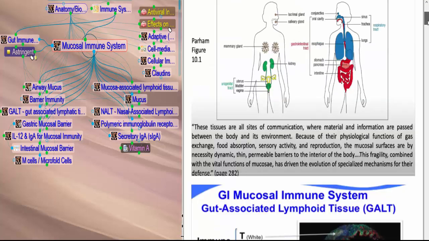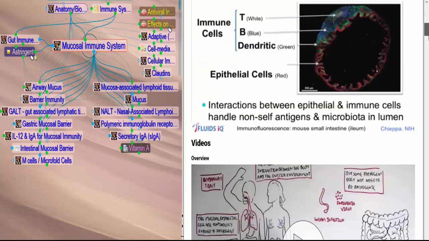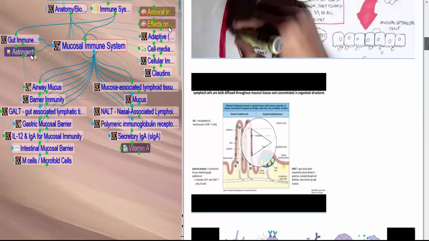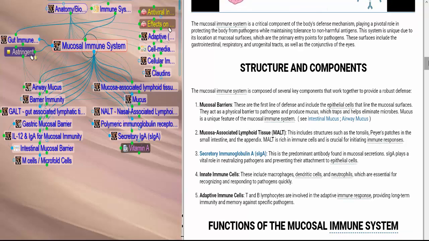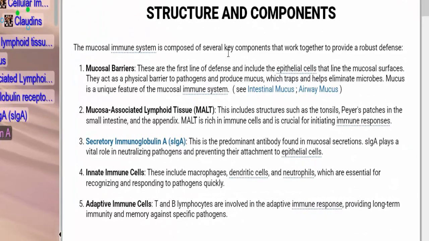Okay, let's scroll down past some of these videos that are worth watching, and let's talk about the structure and components. It has mucosal barriers. We've been talking about mucosal barriers already. We will be talking about those for a while. They're very important.